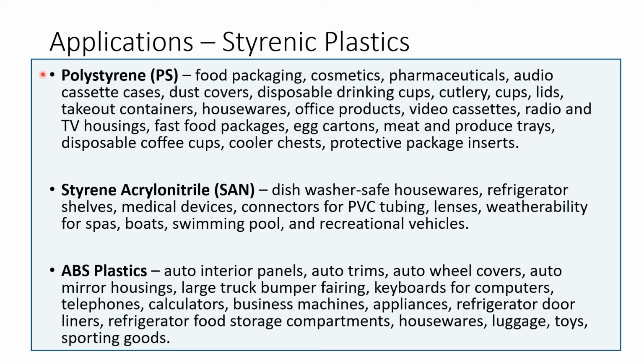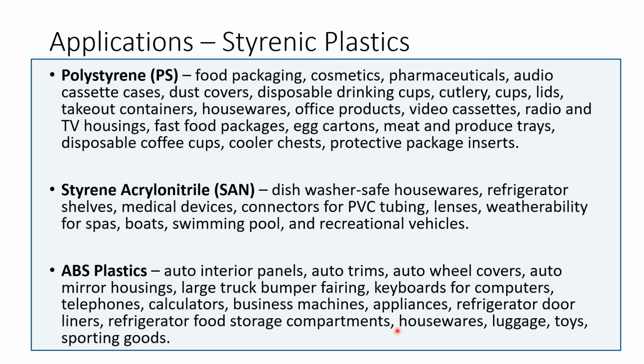Styrenic plastics, 3 of them: your PS, SAN, and ABS plastic, which we use in various applications again, from food packaging, cosmetics, pharmaceuticals, automobiles, TV housing, PVC tubing, lamps, boats, swimming pools, recreational vehicles.